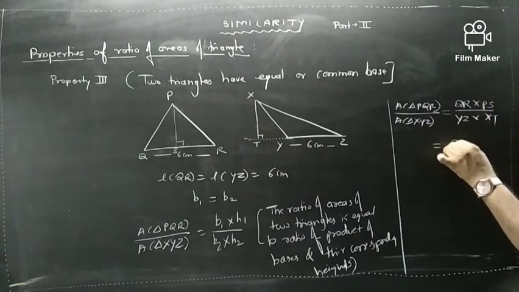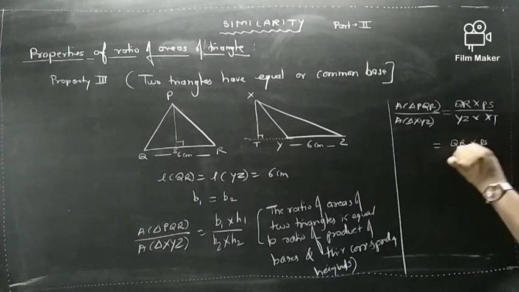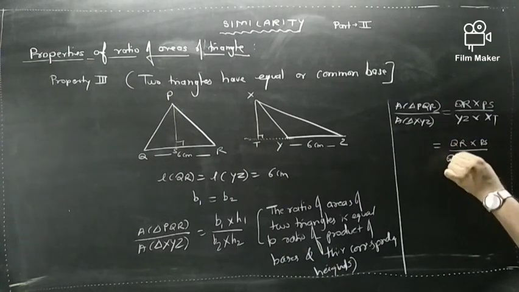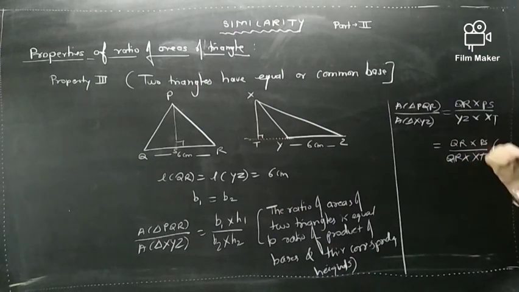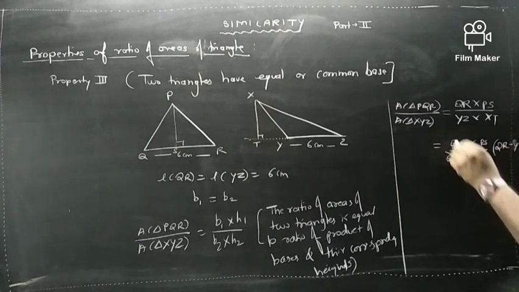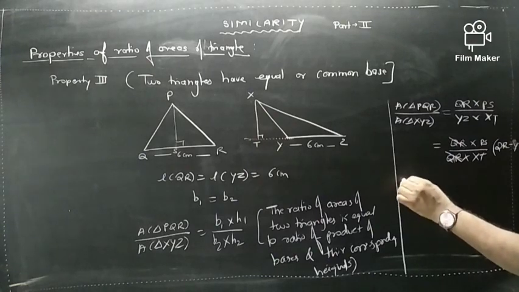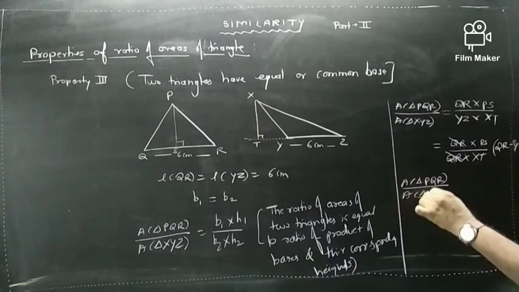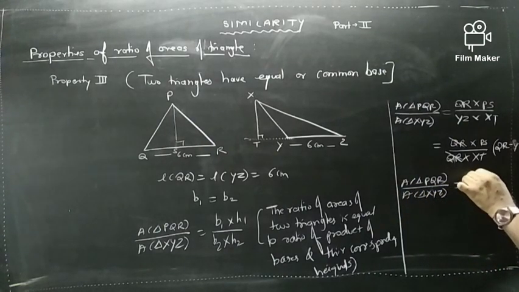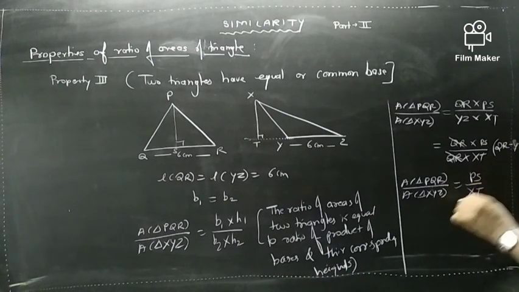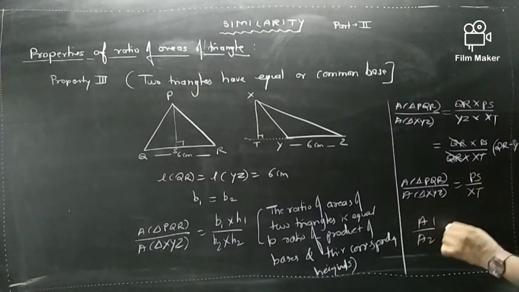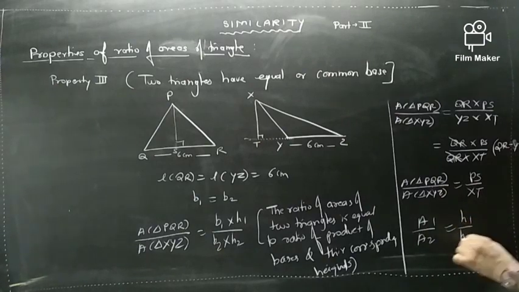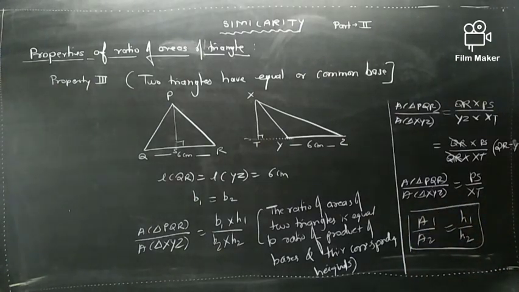But QR into PS upon QR into XT, since QR is equal to YZ, so this gets cancelled. Ultimately area of triangle PQR upon area of triangle XYZ will become PS upon XT, or A1 upon A2 will become h1 upon h2. Have you understood this?